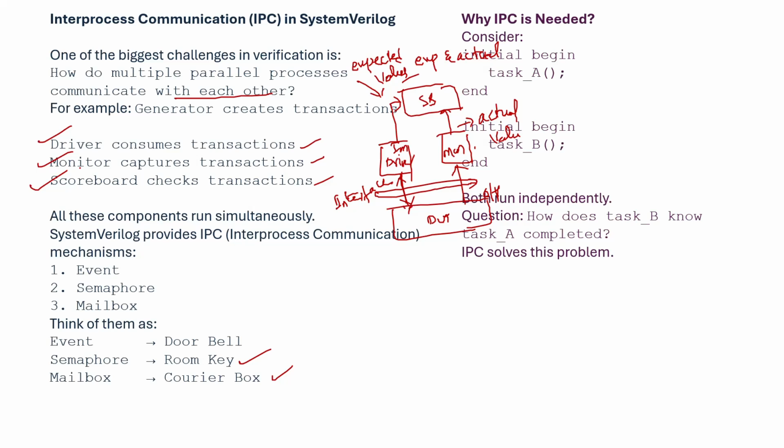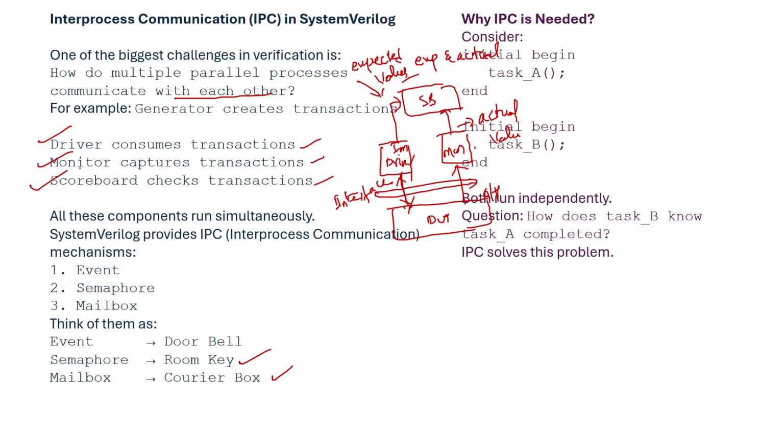He is task B in another initial block, and she is task C in another initial block. All the initial blocks are working at the same time, right? At zero simulation time. Then how do I know task B is completed, how do I know task C is completed, and how will you know task A is completed? We don't know. So that is the reason we are using these events.